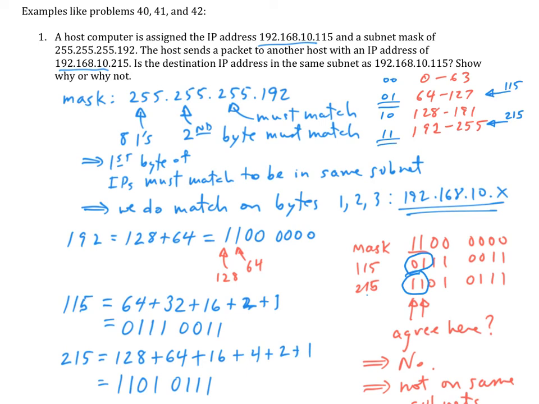So these first 2 bits in the IP address are labeling the subnet, and that's why the mask asks, are those bits the same? If they are, they're in the same subnet because they're in the same labeled subnet. Okay, so that's another way of looking at this problem, and it relates back to the first video on this problem. I hope that helps.